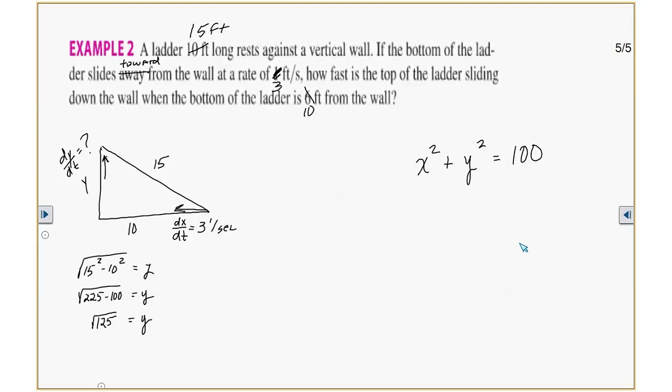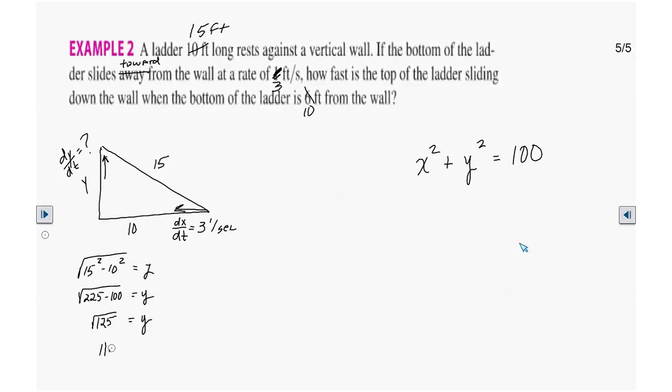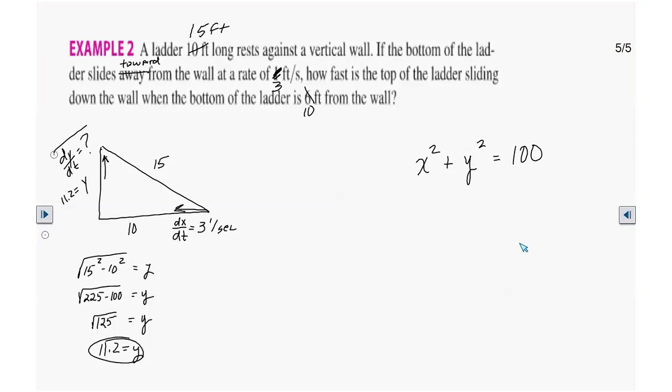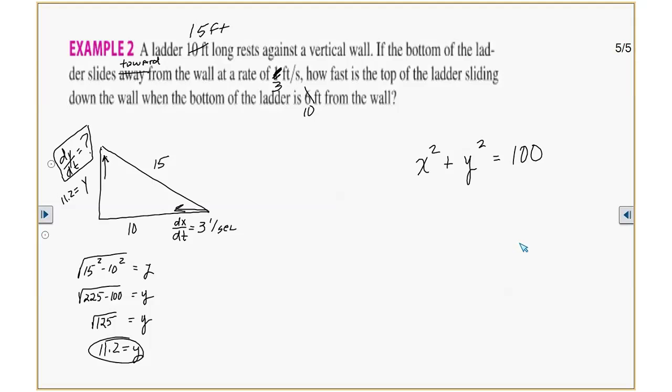I don't think it's going to come out. Say 144 is 12, 121 is 11, so about 11.2. So that's just algebra. y is equal to 11.2. All right, so just knowing algebra and no calculus, you can at least find the side. Now, we've got all we need, but we don't have this. So that must be what we're solving for.